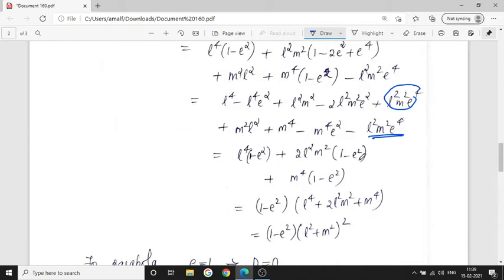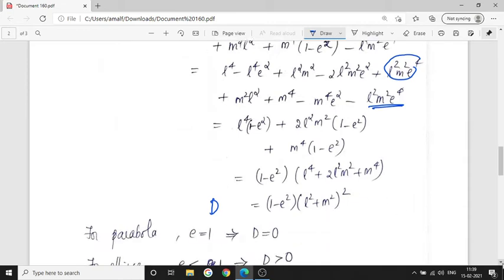So that will be 1 minus e square into l raised to 4 plus 2 l square m square plus m raised to 4, which is l square plus m square whole square. Therefore d will be equal to 1 minus e square into (l square plus m square) whole square.